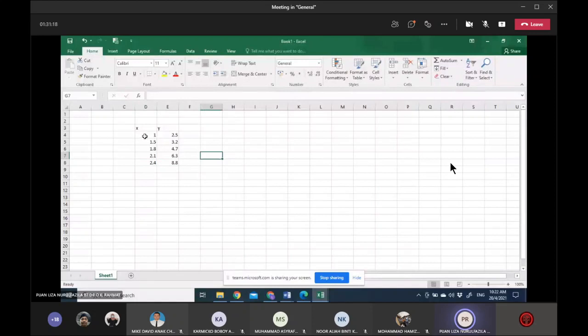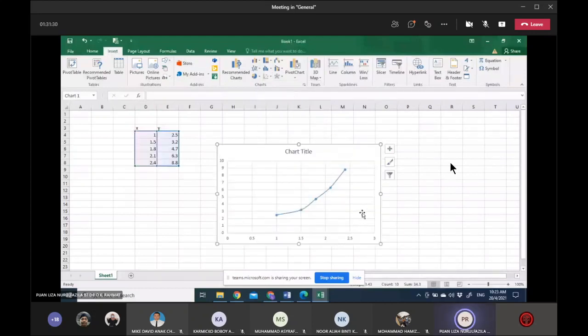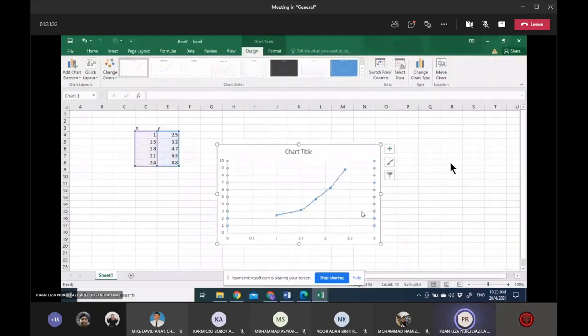Okay, and then I take this point and then I plot it. Saya plotkan. Okay. All right, so I have this line from that point.